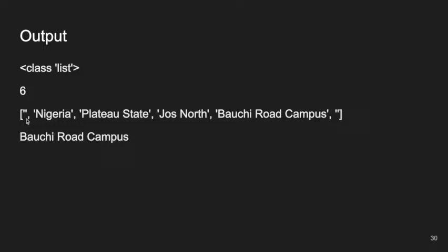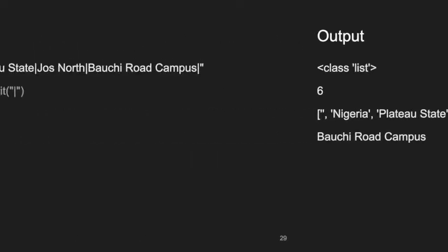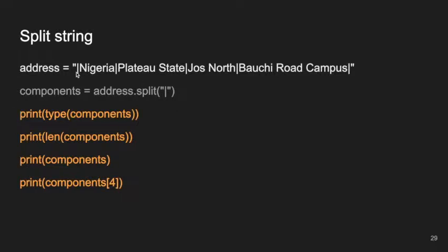You will notice inside this array, we have an empty quotation, and then we have Nigeria, Plateau State, Jos North, Bauchi Road Campus, then another empty quotation. You have to be careful, because if you look at this, you see that a pipe started at the beginning here, and a pipe is placed here at the end of the string.